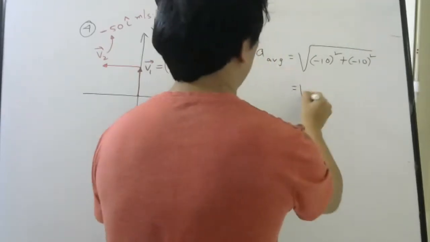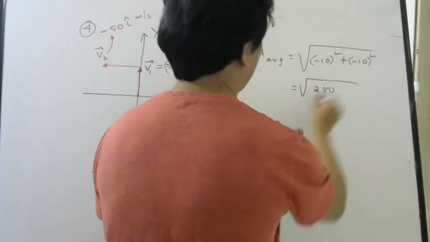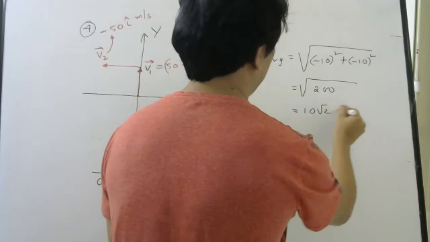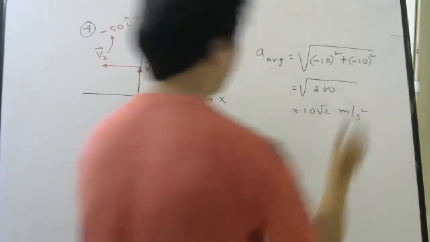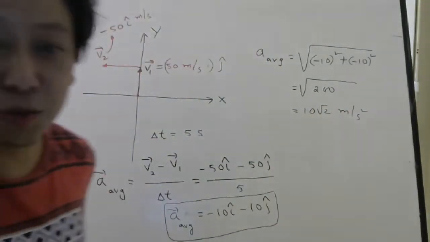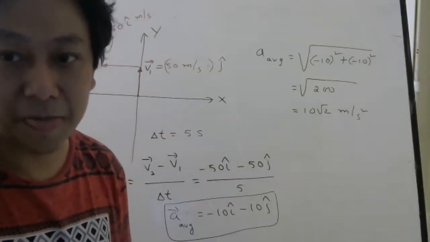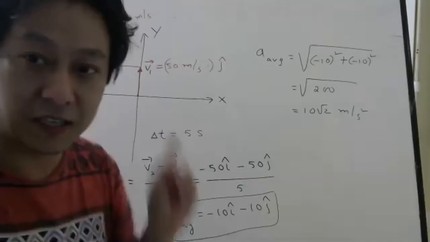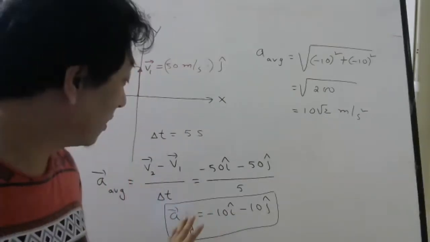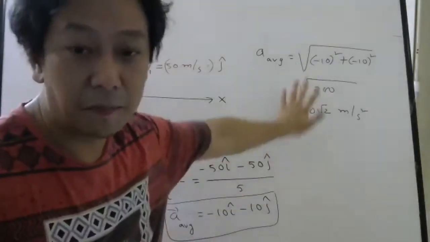So it will be root of 200, which is 10 root 2 meter per second square. So this is how you should do it in 2 dimensions. Understood or not, students? You find final velocity and initial velocity in vector form, then you find the magnitude.